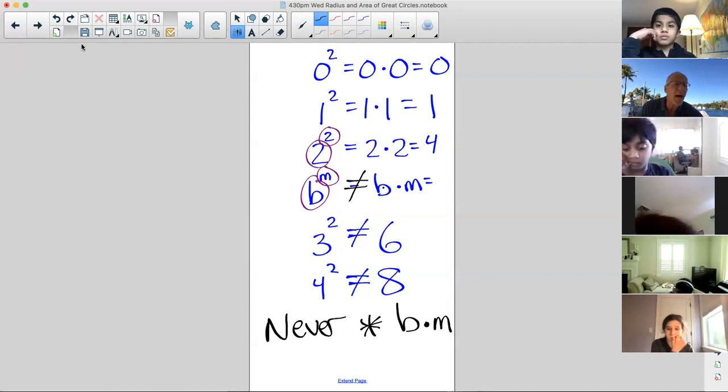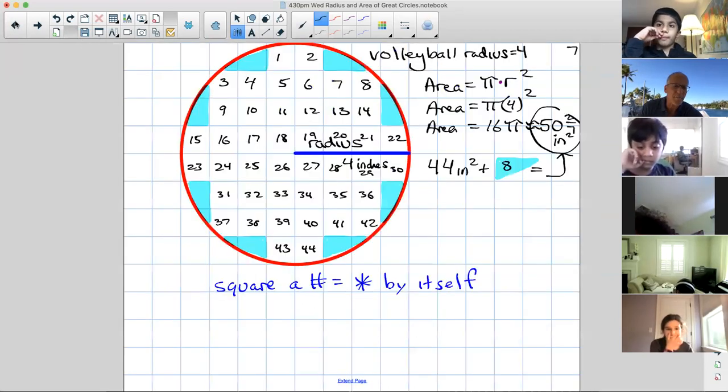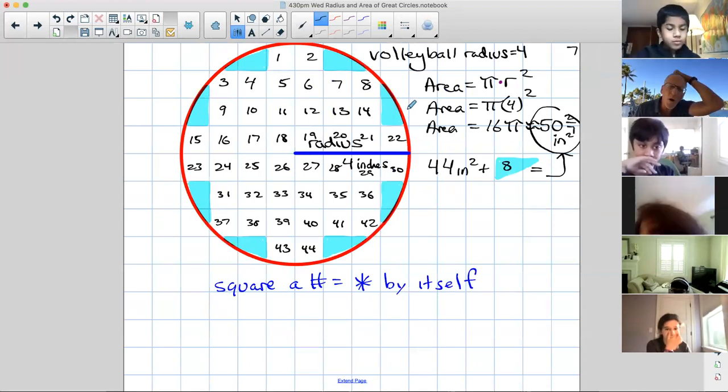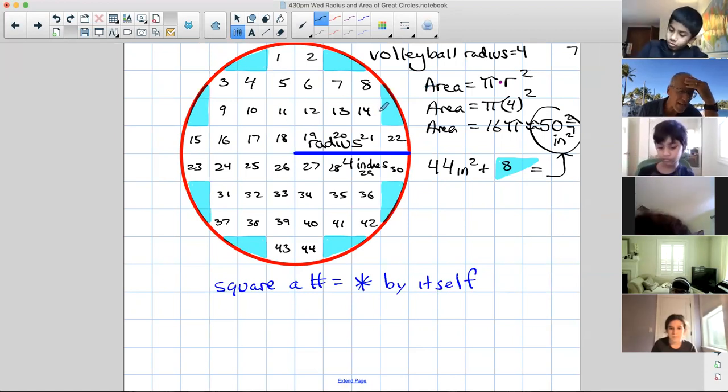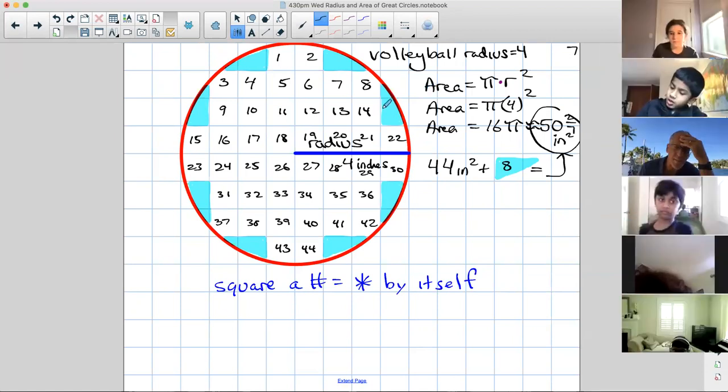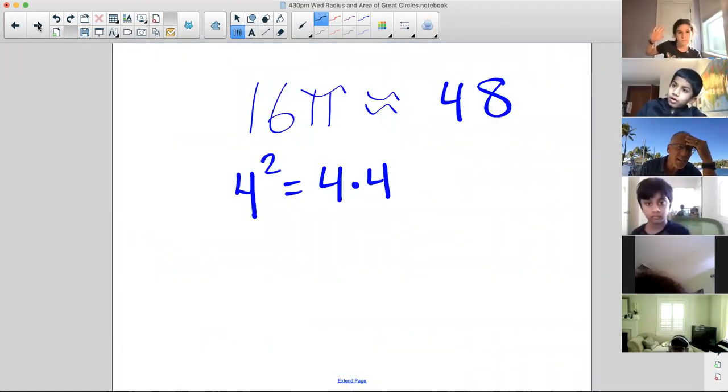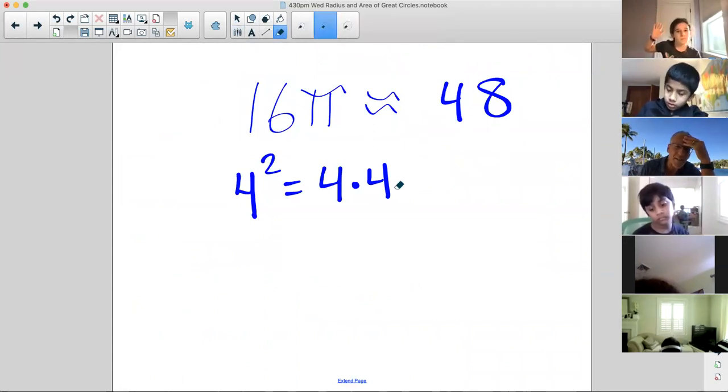Now, let's go back to our little volleyball. So the volleyball has a diameter of about 8 inches. So therefore its radius is 4 inches. Now, when we do 16 times pi, why do a lot of kids say 48?